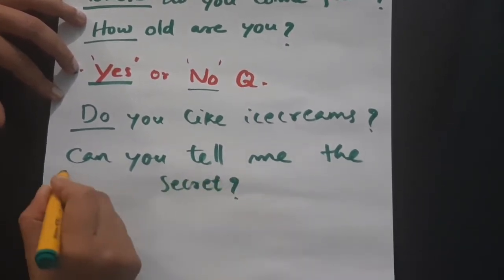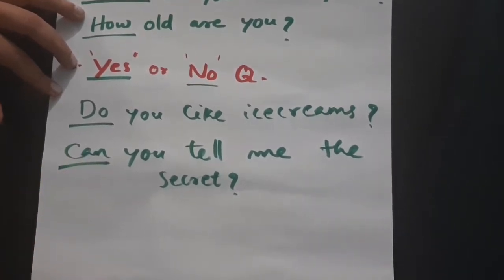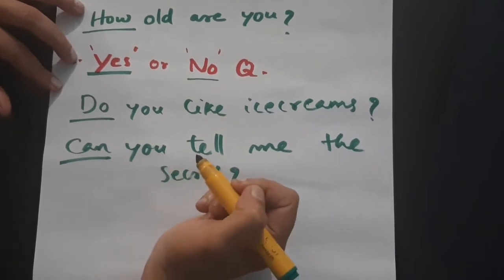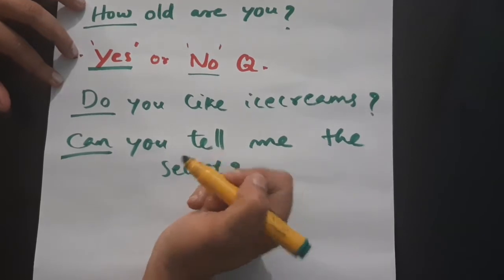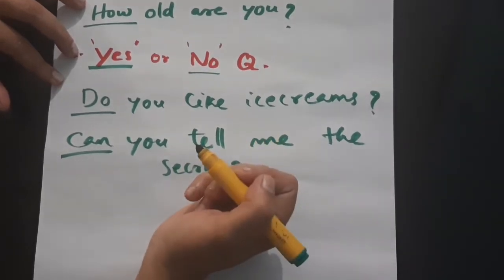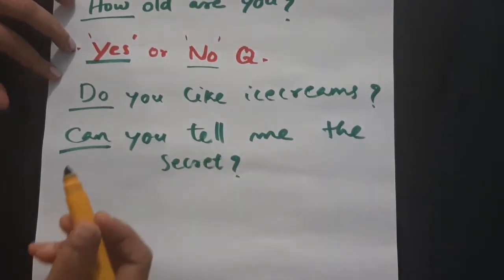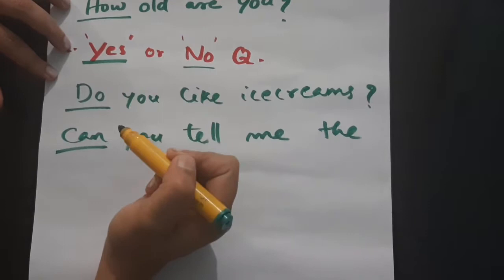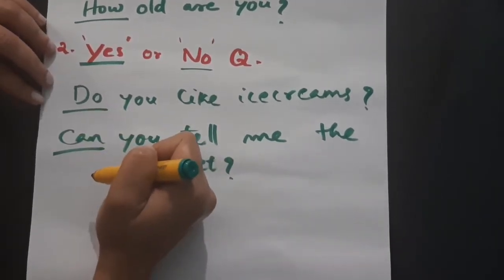Okay, see, this question starts with an auxiliary verb. Okay, like, do you believe in ghosts? This question also starts with an auxiliary verb. Okay, so in yes or no questions, the questions will start with an auxiliary verb.